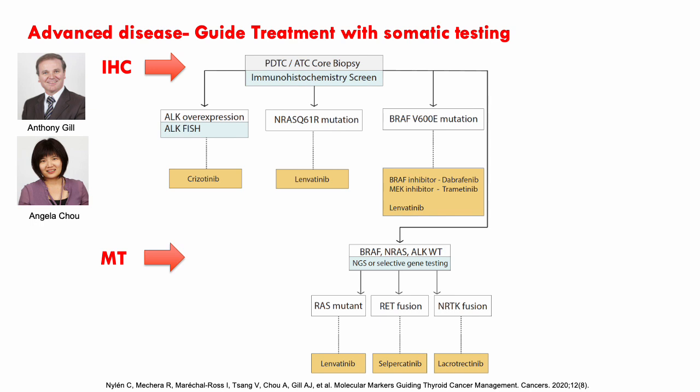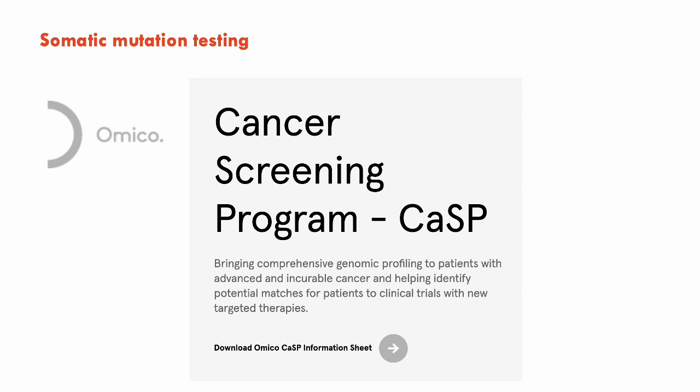Especially for patients with RET fusion, if there is availability of the newer RET inhibitor medications such as selpercatinib, it can be of great benefit to them. There are also a number of publicly available research projects that are performing sequencing on cancer samples.